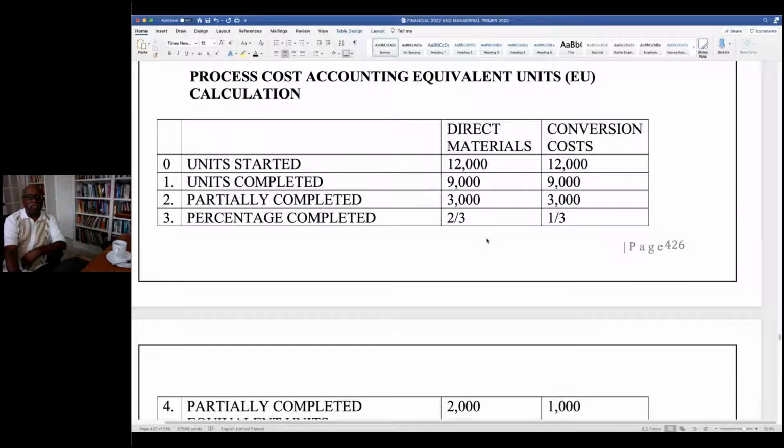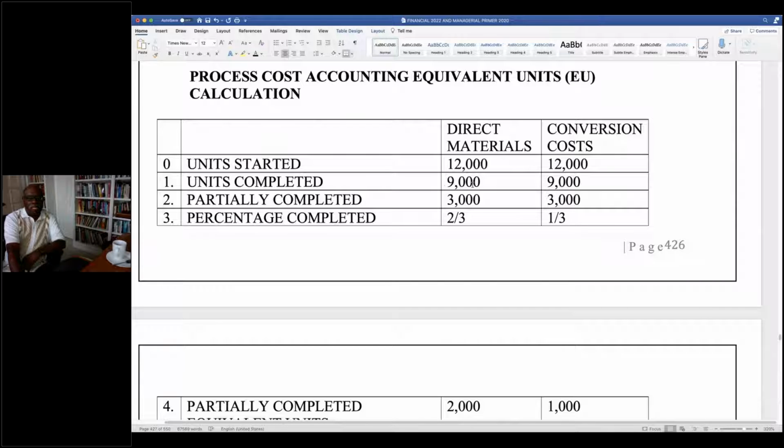They were partially complete. They had 2/3 of the raw materials and 1/3 of the labor costs. I get confused by the word partially. Like partially means that's the part of the total 12,000 you did not do. It doesn't mean that you partially completed some of those 3,000.